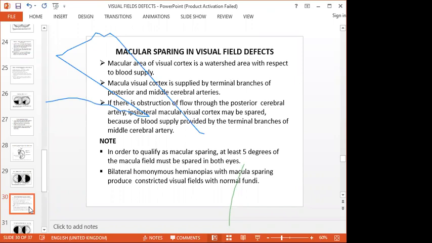The supply is two, so if one is blocked, the supply from the other can be intact and spare the area. In order to qualify as macular sparing, at least 5 degrees of the macular field must be spared in both eyes.